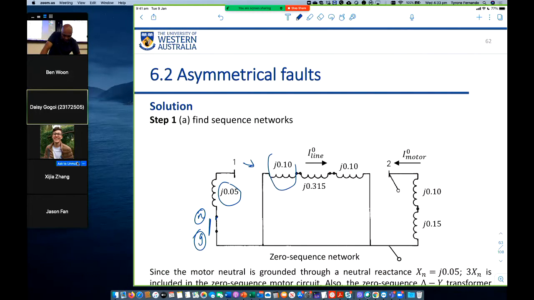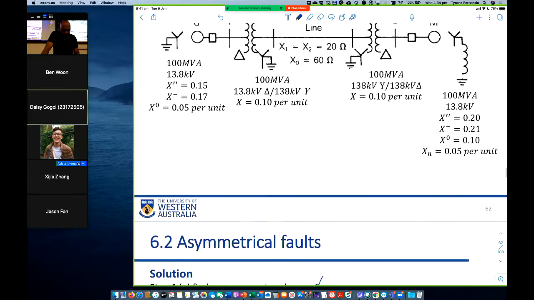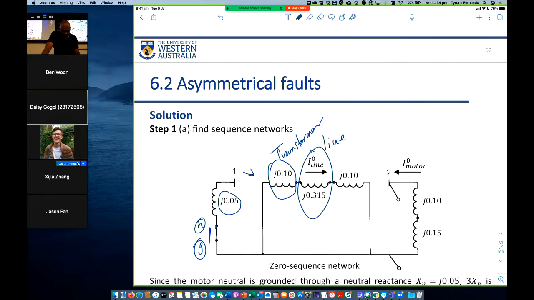Here is the transformer equivalent circuit, the reactance, right? Here is the line reactance. This is the line. This is the transformer. And then that line connects to a transformer which is T2. Here is the reactance of the transformer. This is T2. This is T1.